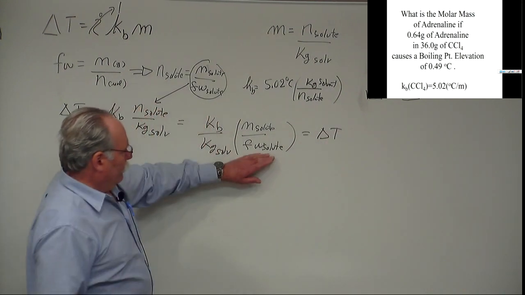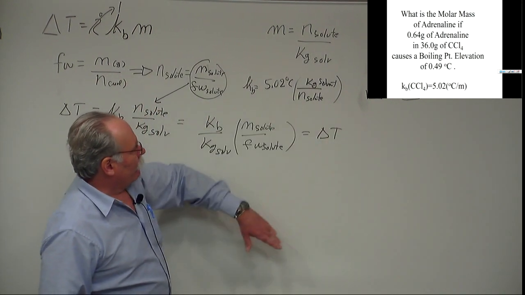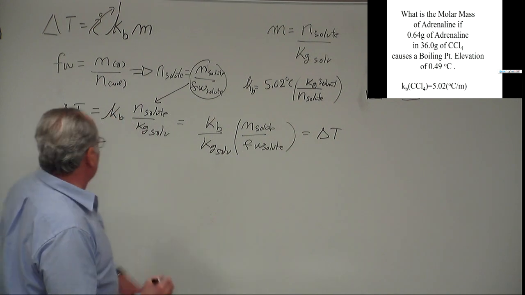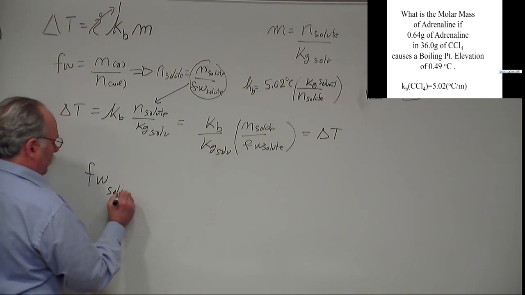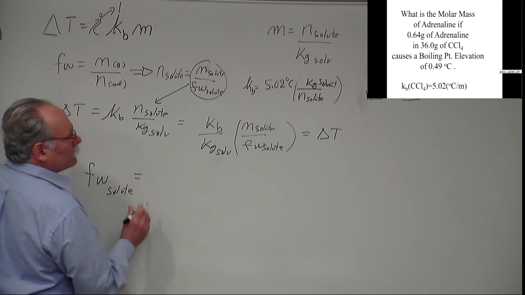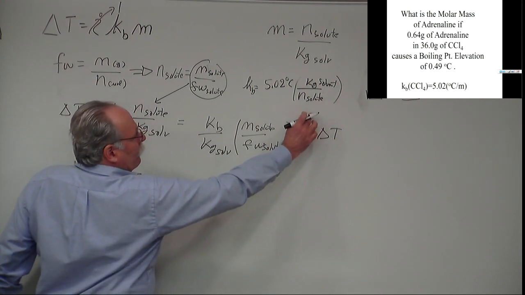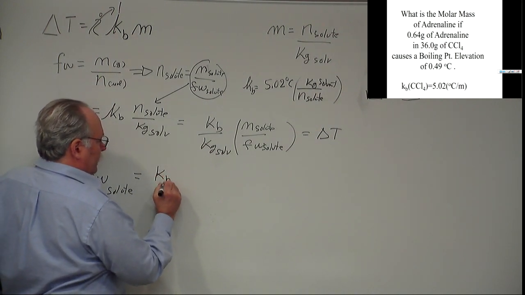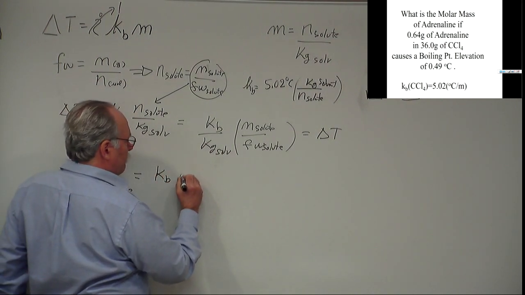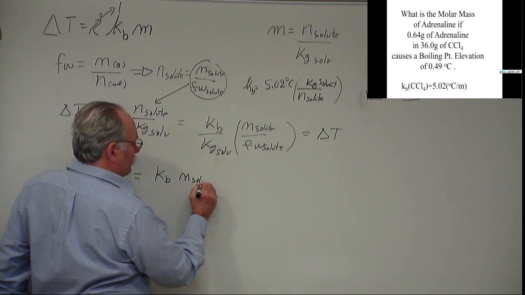I want to solve for this, so I multiply both sides by the formula weight, divide by the delta T, and I get the formula weight of the solute is equal to, now I've divided by delta T, so in the numerator I've got Kb times the mass of the solute.